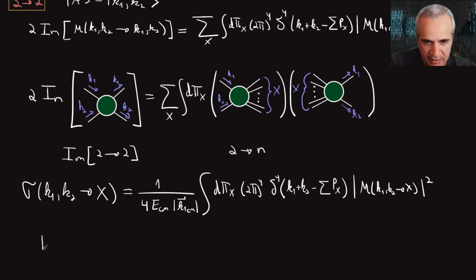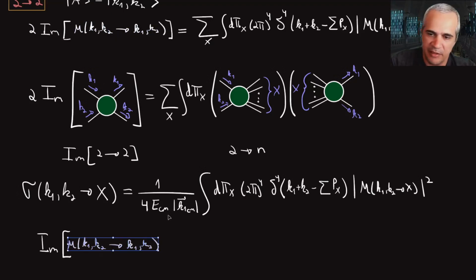So I can say that the imaginary part of this, also sending this factor 2 over here, right, is equal to twice, because of that factor 2, right, the energy of the center of mass, this value of momentum.